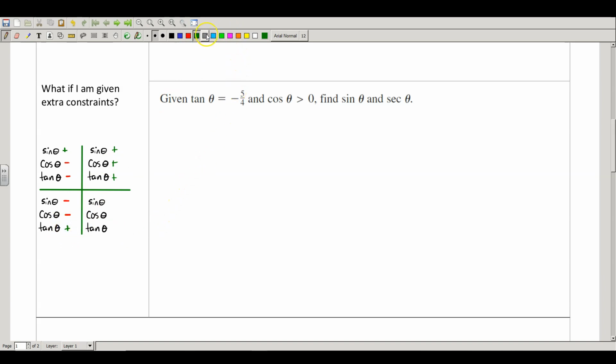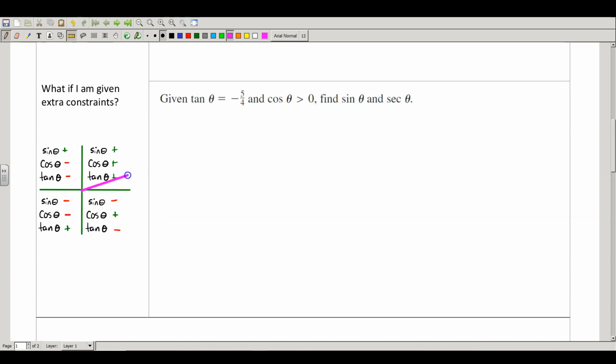And in quadrant 4, the sine would be negative, the cosine would be positive, and the tangent would be negative. So wherever the angle lands as I'm going around the circle, are the sine, cosine, and tangent values positive or negative, and in which quadrants?